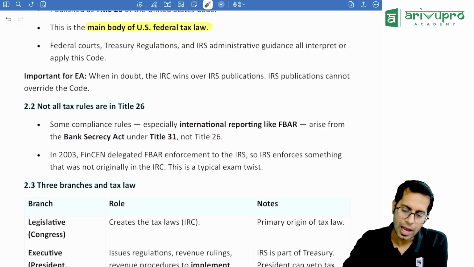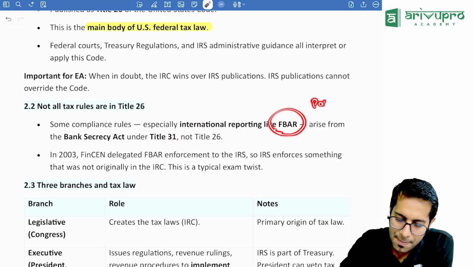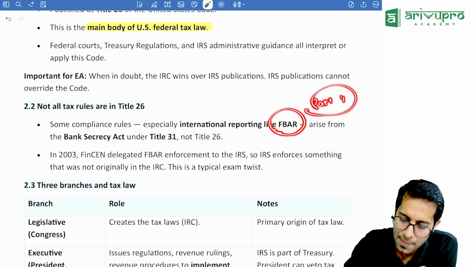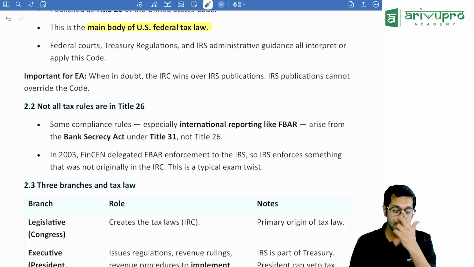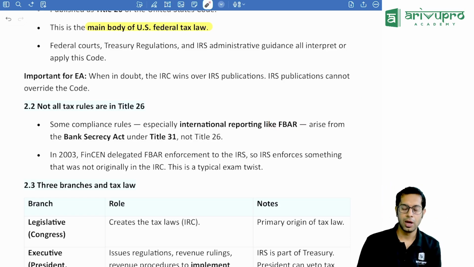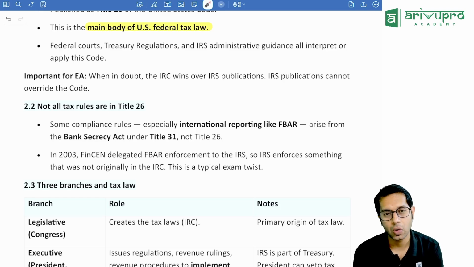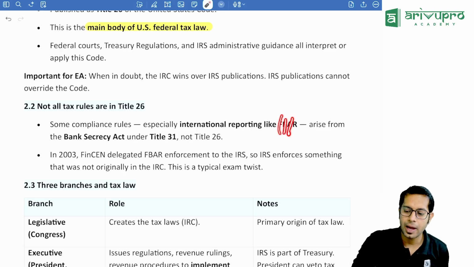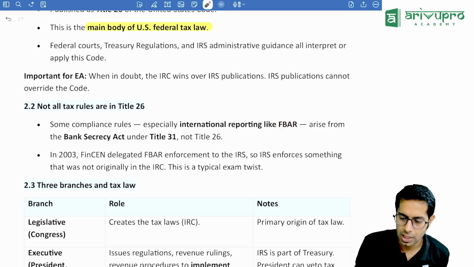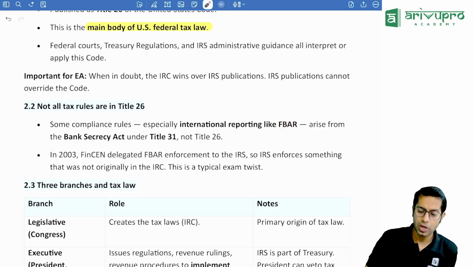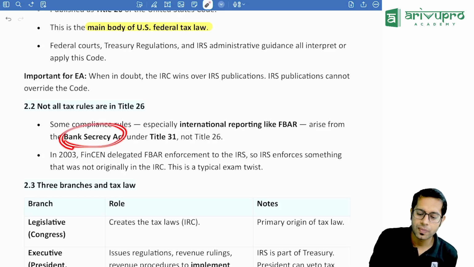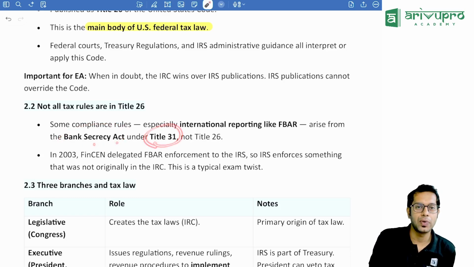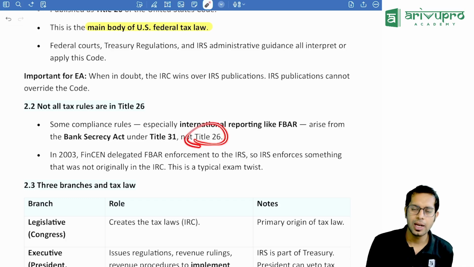If you have studied part 1, we have studied this point called FBAR, which is nothing but reporting about foreign assets, or foreign bank account regulations. Whatever reporting you are supposed to do, you are reporting because of the Bank Secrecy Act, which is there under Title 31 and not under Title 26.